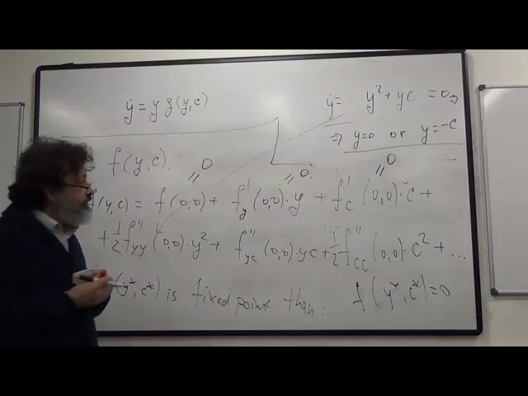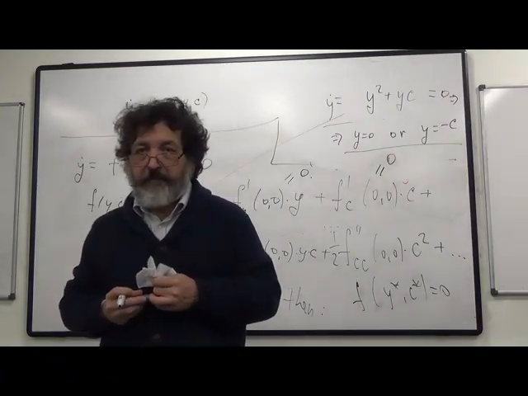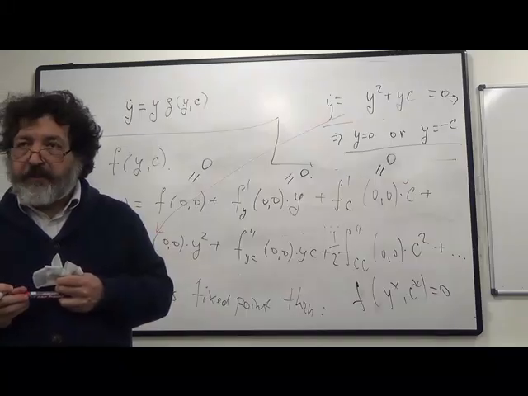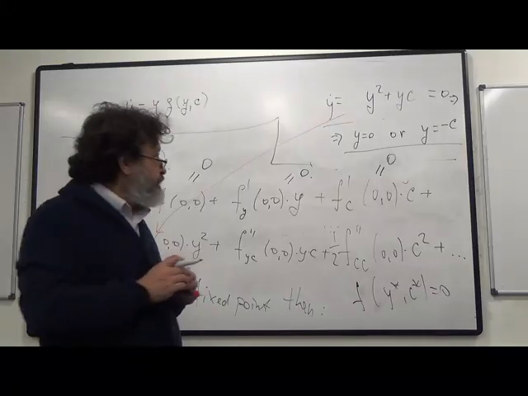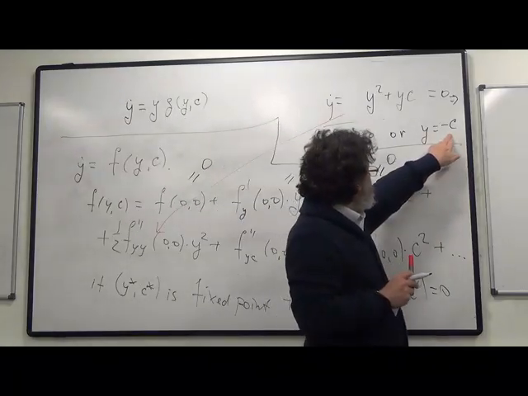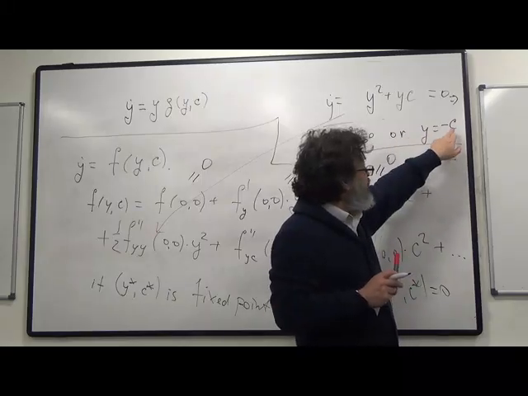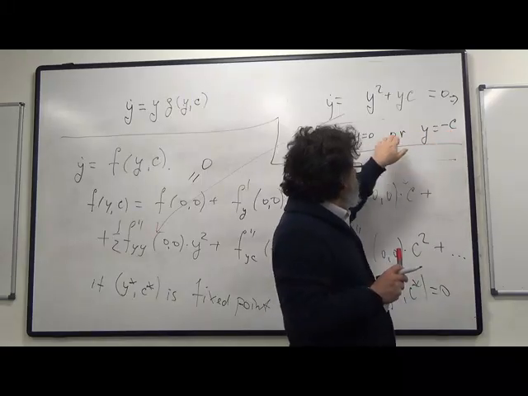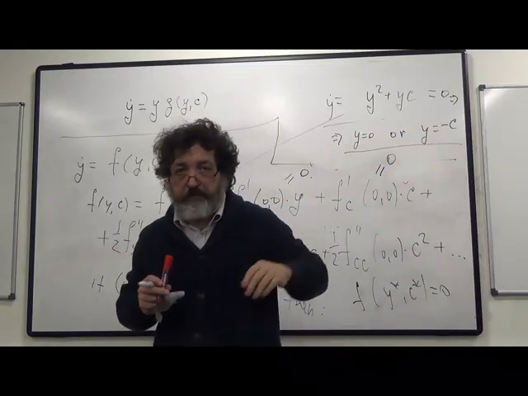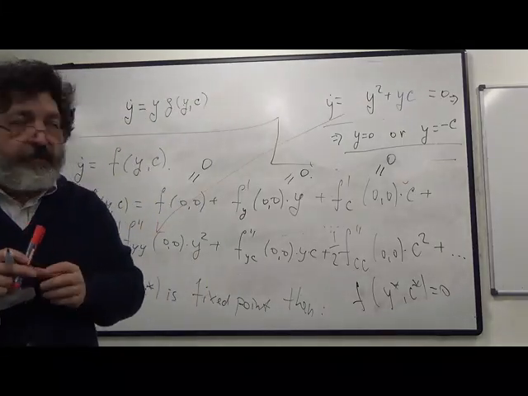When c is 0, they coincide, but otherwise we always have two roots. Why do we have bifurcation here? Because when c changes its sign, when c is 0, this and this coincide, but when c changes its sign, there is a stability swap. You can check it. This is why it's called transcritical bifurcation.